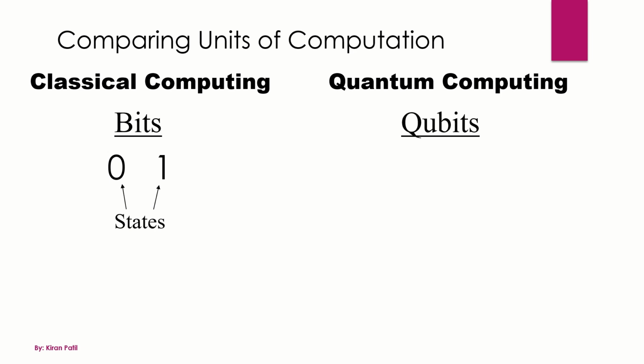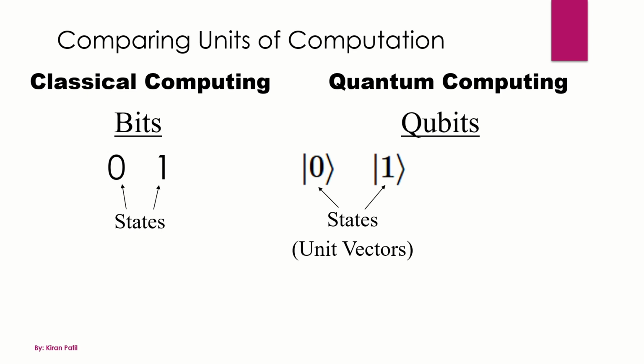In quantum computing, it is represented by qubits. So these are the qubits, ket 0 and ket 1. These are the states of the qubits, which are nothing but unit vectors. The superposition of these unit vectors is represented by alpha ket 0 plus beta ket 1.